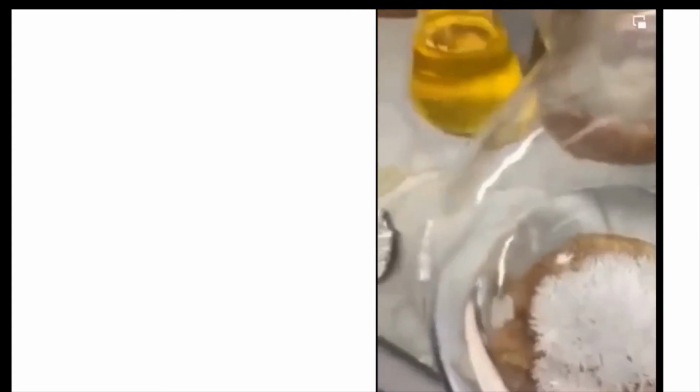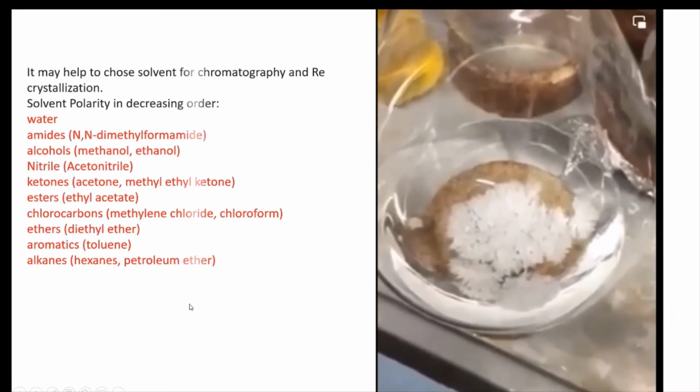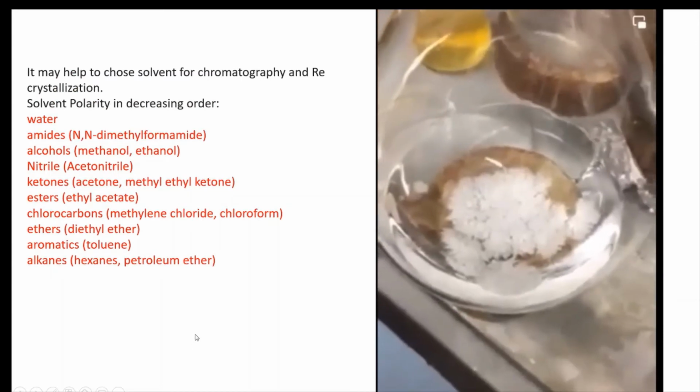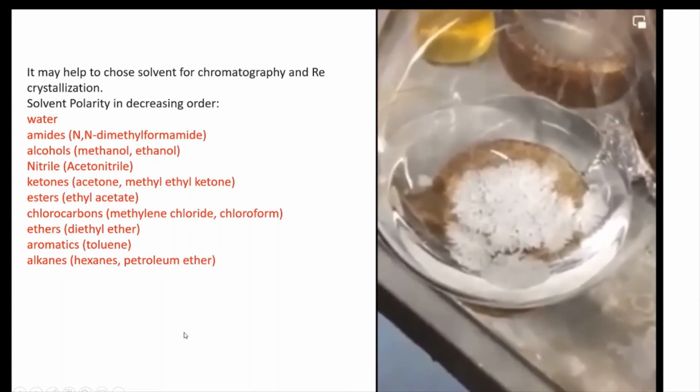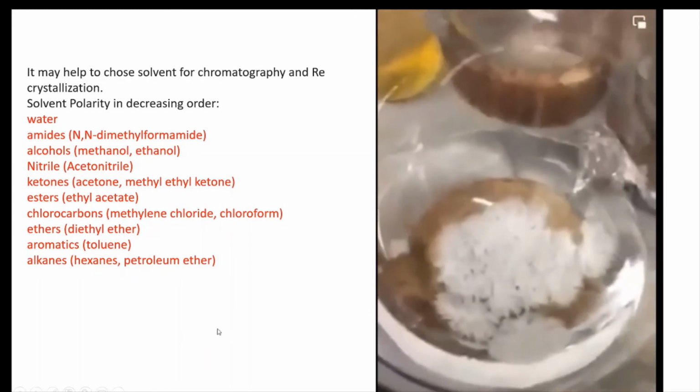There are many other things you can consider for crystallization and recrystallization. You have to think about solvent polarity also. It may help you choose the solvent for chromatography as well as recrystallization.